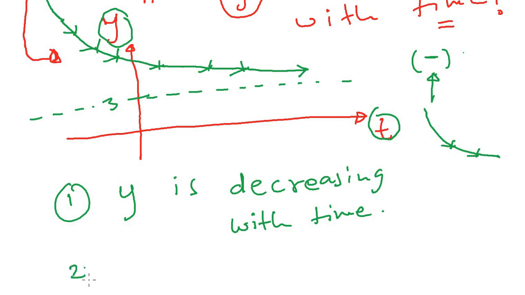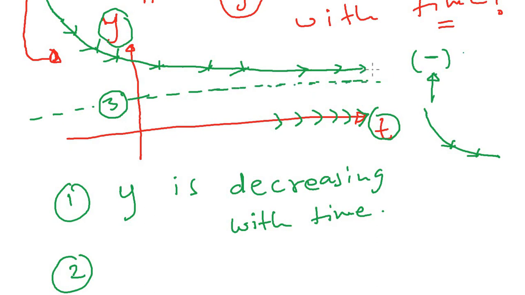And we can also understand that y comes very close to this value 3. As more time passes, the value of y comes very close to 3. As you can see, this dotted line is 3, so the graph gets very close to 3.